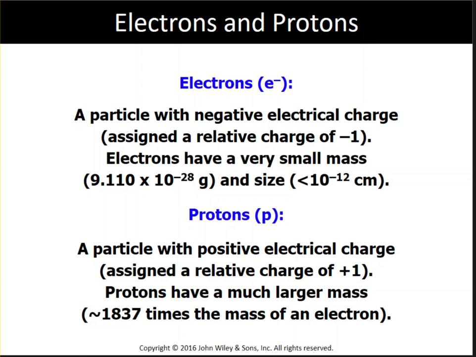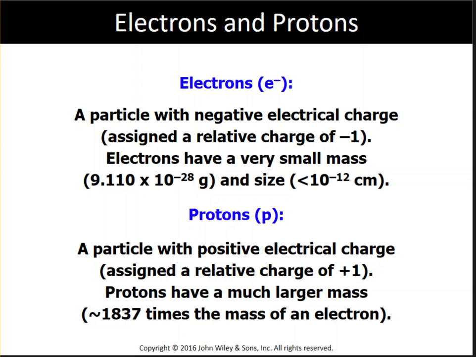But I'm going to show you the mass and size of electron, protons, and neutrons. You don't need to memorize the actual numbers. But what I want you to look at is the size and get a sense of how small these subatomic particles are. Now, the first subatomic particle that was discovered were the electrons.